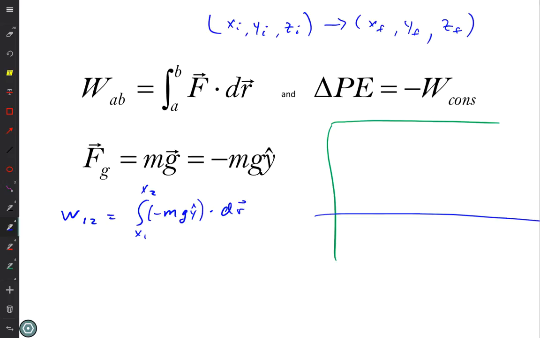Okay, so when we do this integral, I'm going to put my dr here explicitly. So this is the integral, and I should have put here R1 and R2. And since I changed it to initial, final, there we go.